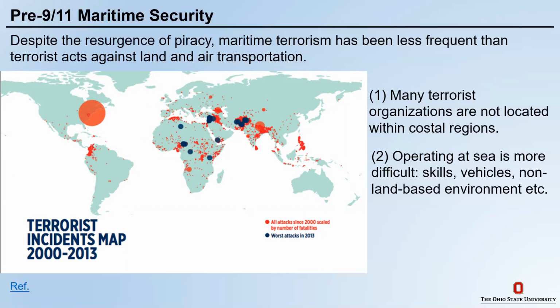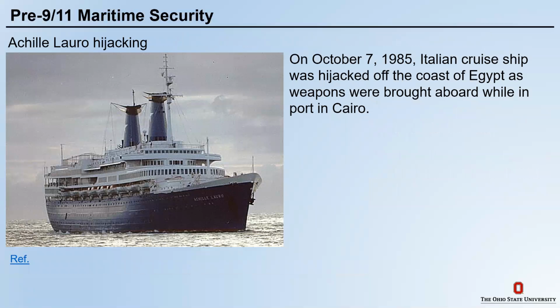So mainly land attacks. And here I just want to review this very famous hijacking of the Achille Lauro. It's an Italian cruise ship. Of course, it's about maritime security. It's not piracy. It's a terrorist attack.